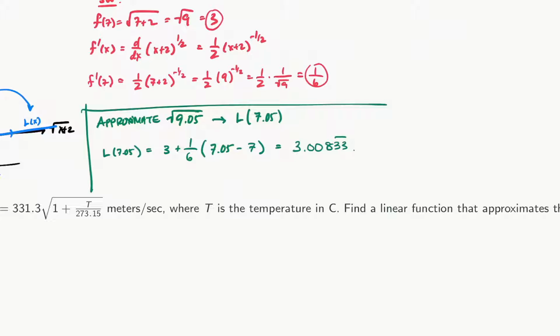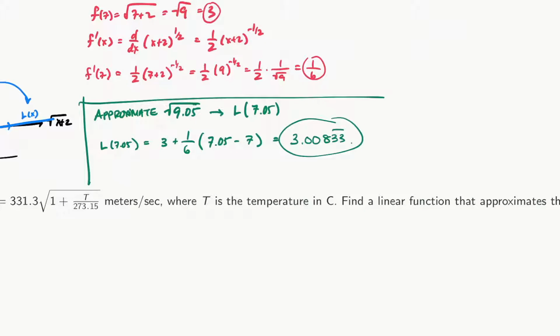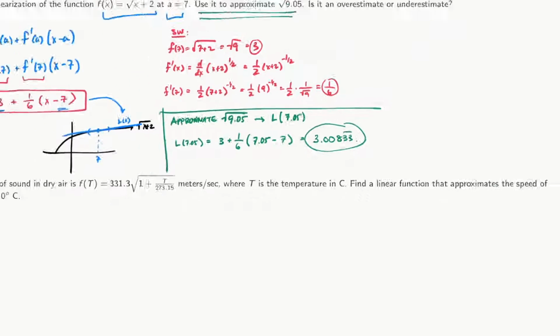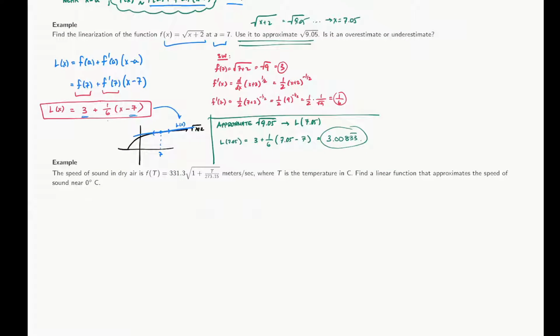And so this is our approximation for the square root of 9.05. And this should seem pretty reasonable because we know the square root of 9 is 3, right? So a little bit higher than 9 makes a little bit of sense. But you can also test what the calculator would come up with by just taking the square root and see if this is reasonable. And so that's not too bad.